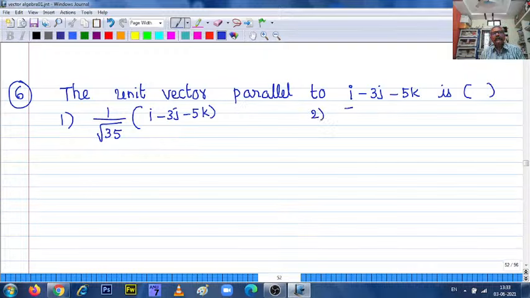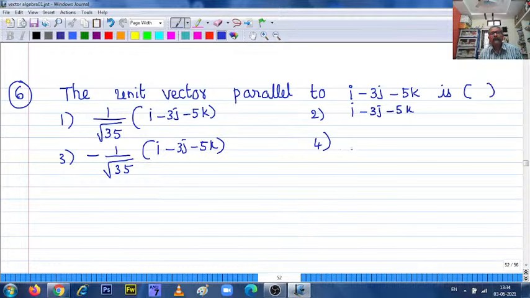Second one is 7 by 3 times i minus 3j minus 5k. It cannot be second one. Third option, minus 1 upon root 35 times i minus 3j minus 5k.